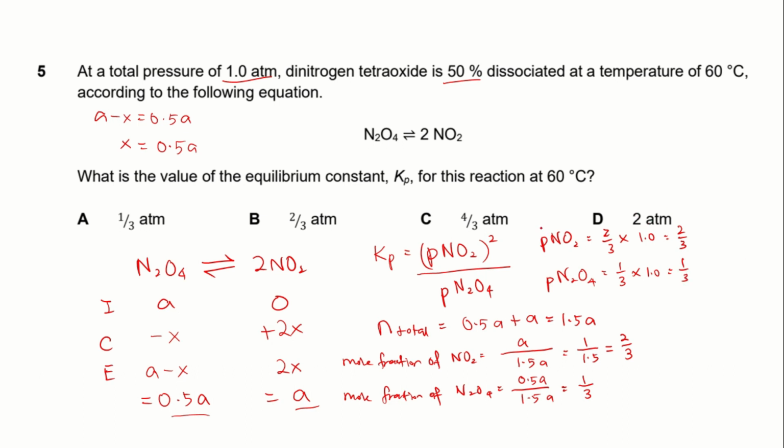Now with these partial pressures, we will be able to substitute these values into the Kp expression and find a value for the Kp. So Kp will be the partial pressure of the product, 2/3 squared, divided by the partial pressure of the reactant, 1/3.